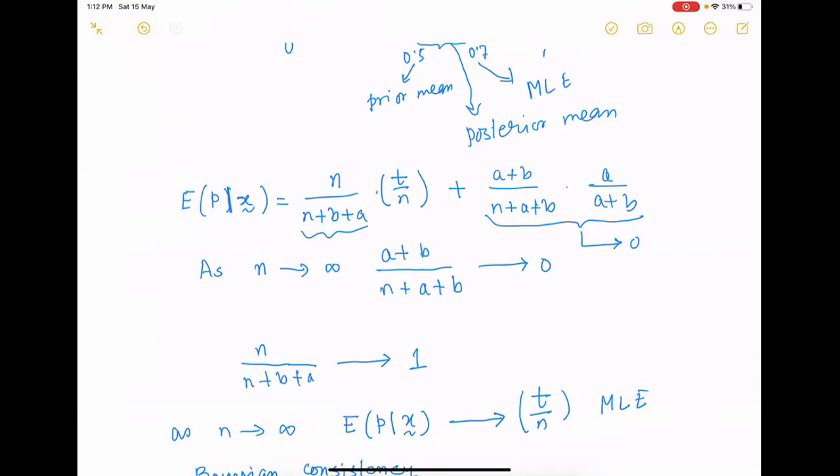So I got a likelihood estimator and I got a Bayes estimator. How do I know which one is better? We will start discussing which one to use and why, and when we should not use it, and stuff like that.